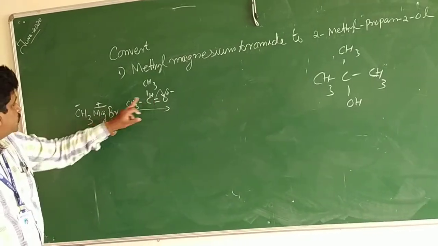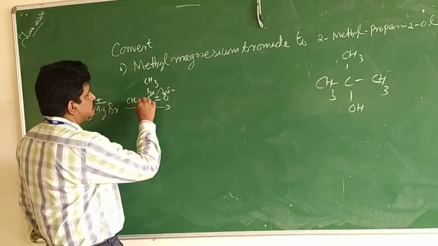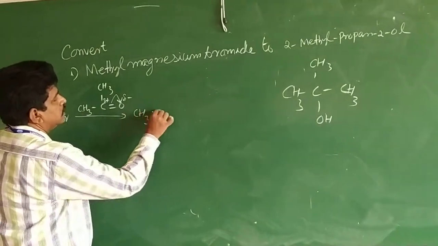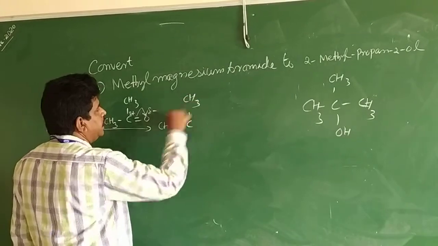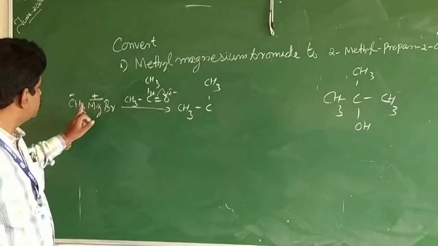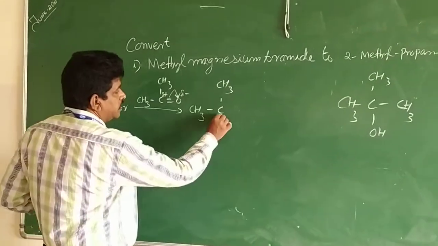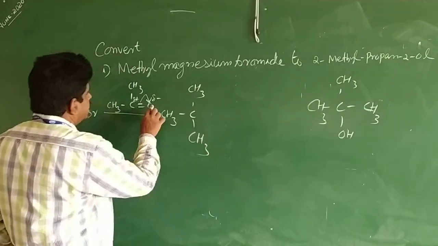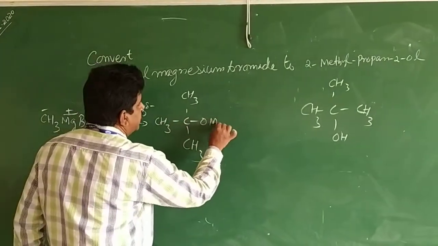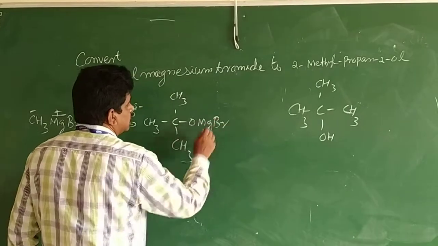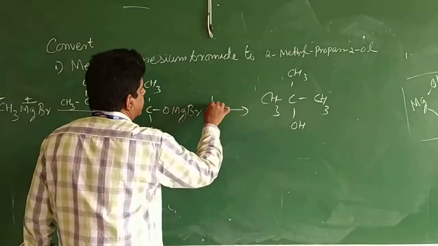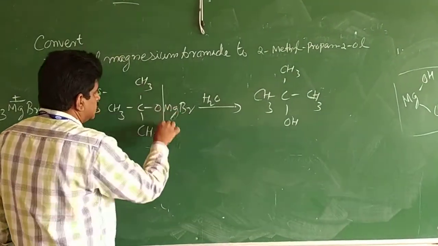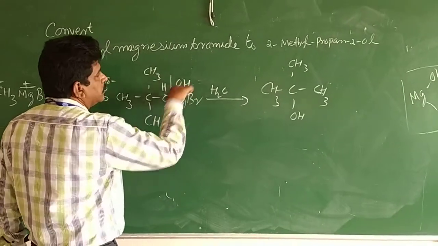To the positive part, this negative part will attach. So this carbon is positive, to this CH3 group will attach, and to the O, MgBr will attach. And when you do hydrolysis, H will come here and OH will come here.